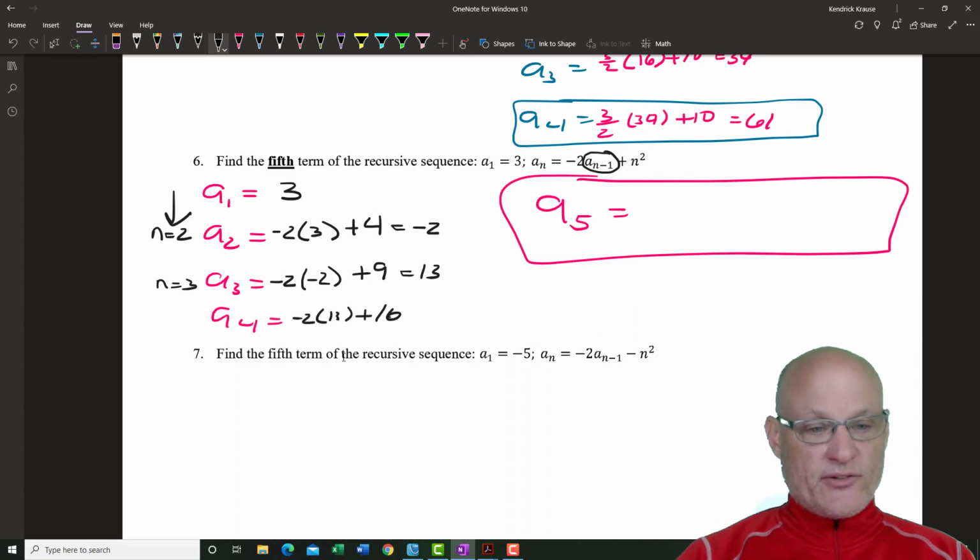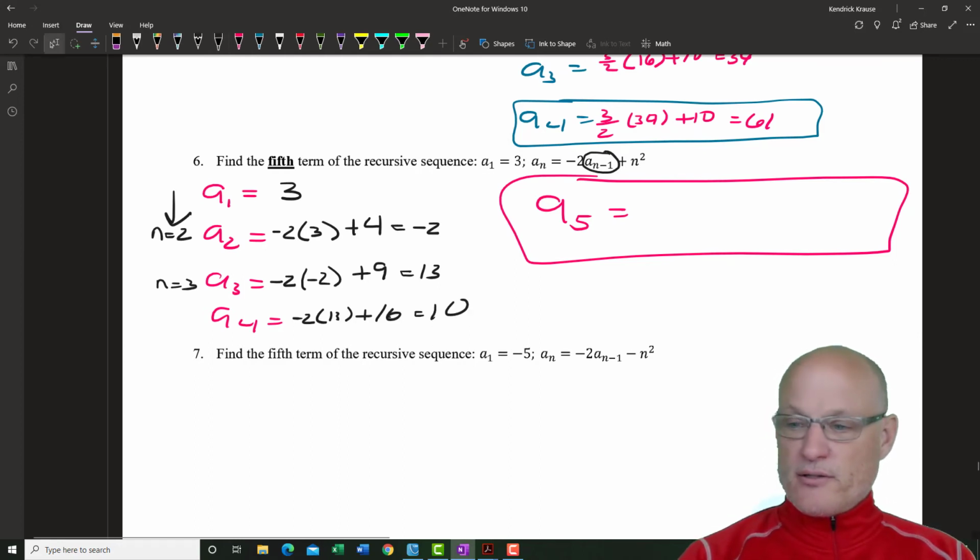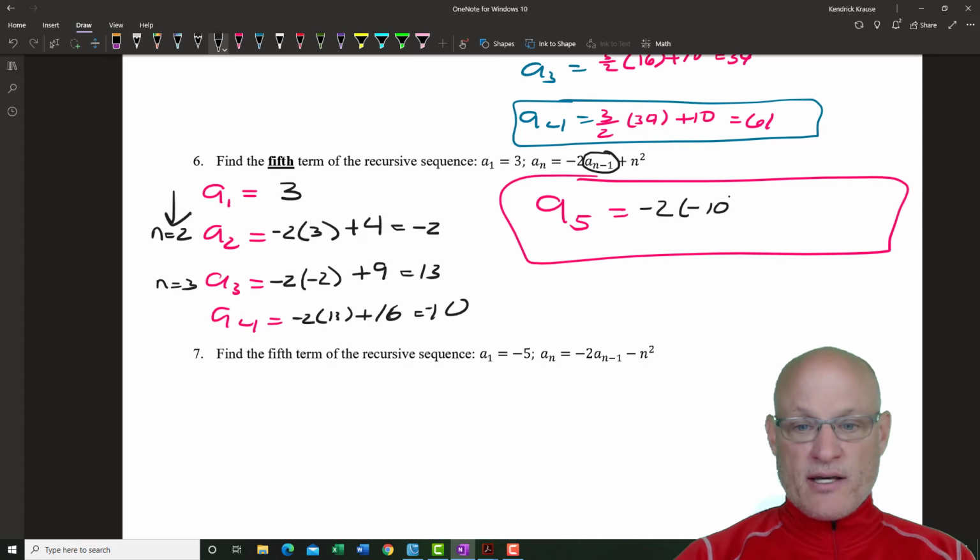So negative 26 plus 16. Check my work over here. I think that's negative 10. Negative 26 plus 16 is negative 10. All right, so then we're going to take negative 2 times negative 10 and then add 25. So that's 20 plus 25 is 45.